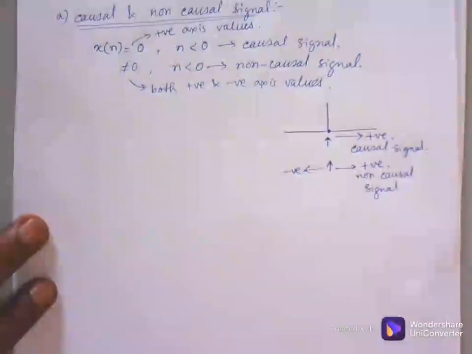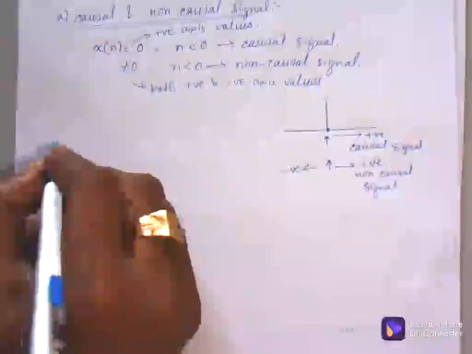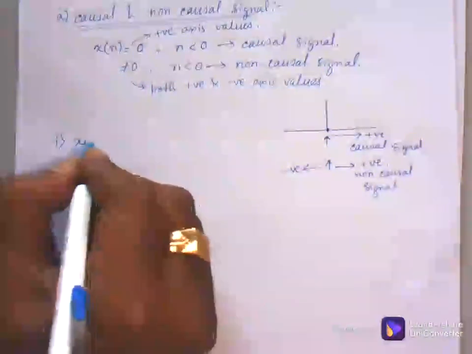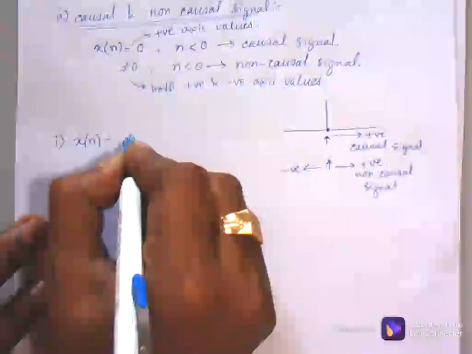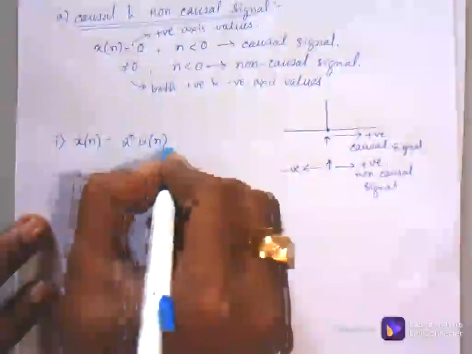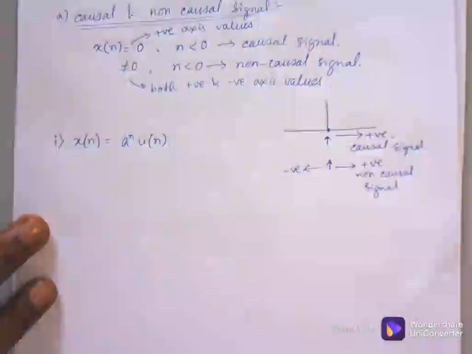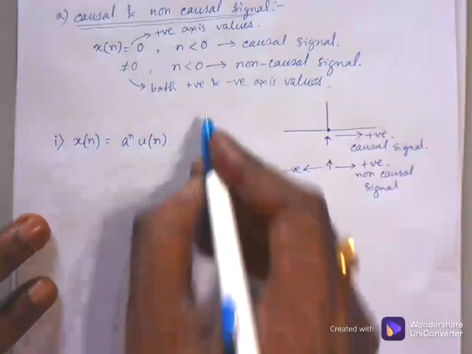Suppose I take an example like x[n] equal to a to the power n u[n]. Is it a causal or non-causal signal?